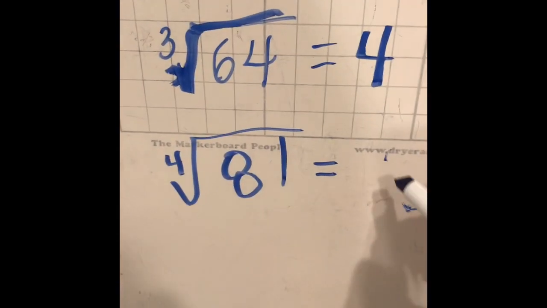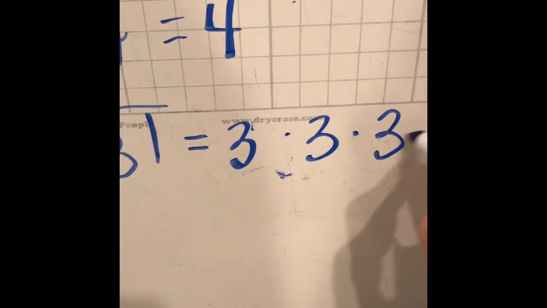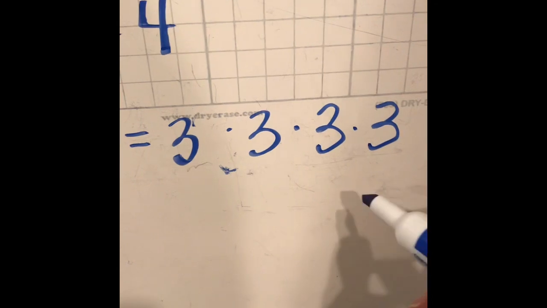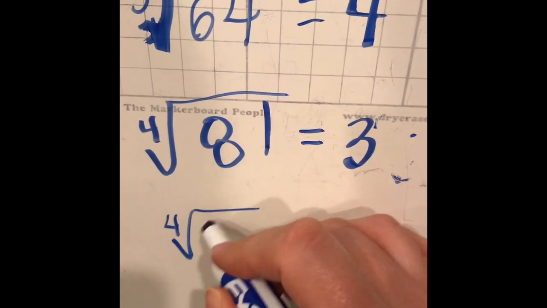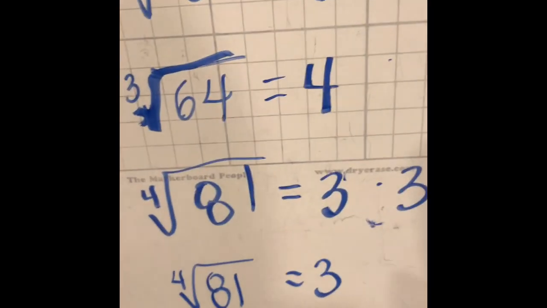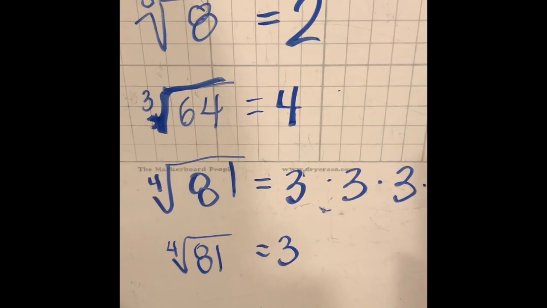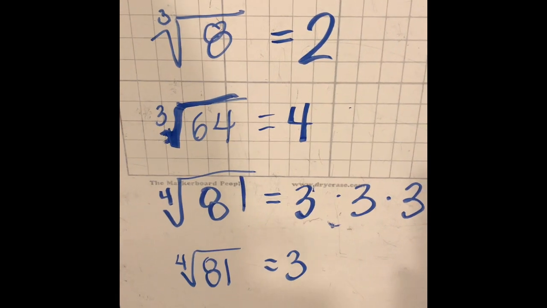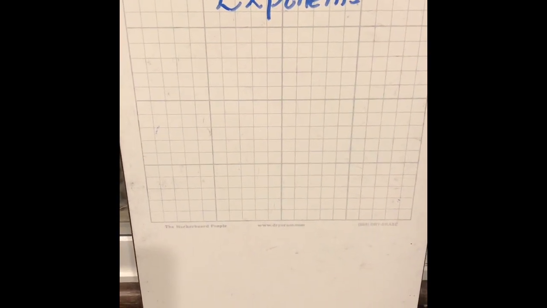So think, what can go into 9? That's odd: 3. So if we try it, does that work? 3 times 3 is 9, 3 times 3 is 9, 9 times 9 is 81. It does work. So the fourth root of 81 is 3. All these problems that I just modeled are simplifying radicals. And now we're going to look at rational exponents.